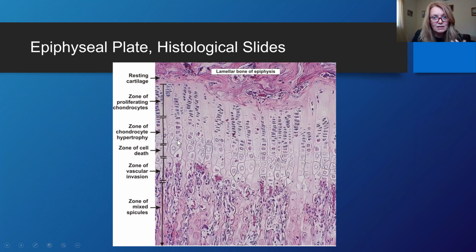And you see, cartilage is avascular. So whenever you see vascular invasion, that means this blood is going to bring your osteoblast bone cells, and they start secreting matrix of the bone and replace dead cartilage, because you don't want dead stuff in your bone. But the problem is osteoblasts cannot divide on their own.